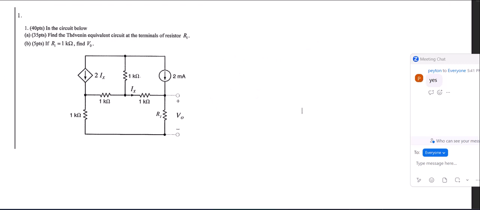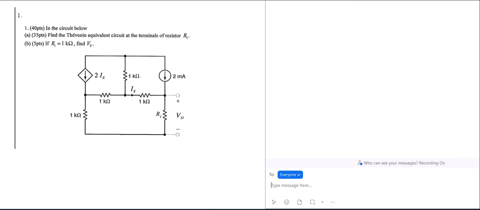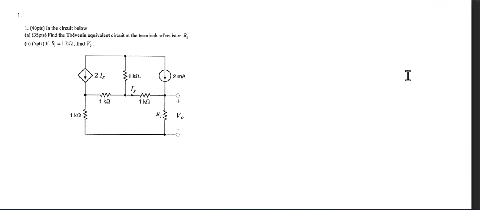All right, so first of all, we need to know what a Thevenin equivalent means. A Thevenin equivalent has to do with a particular part in your circuit. Usually it's where you will put some sort of load. A lot of times it's called RL for resistor load.